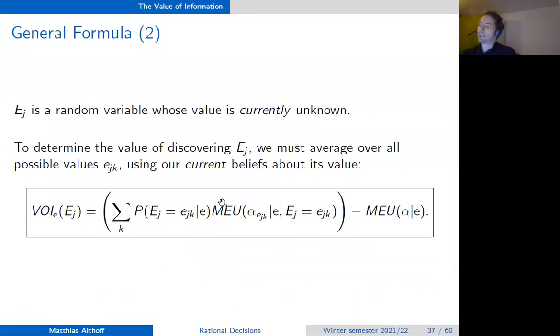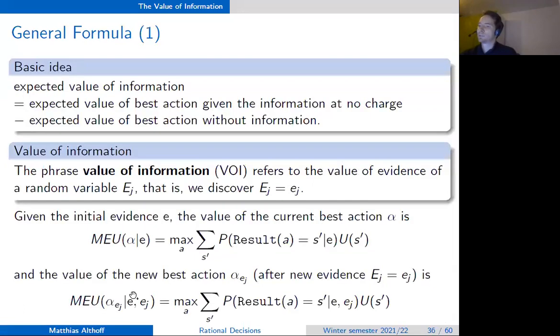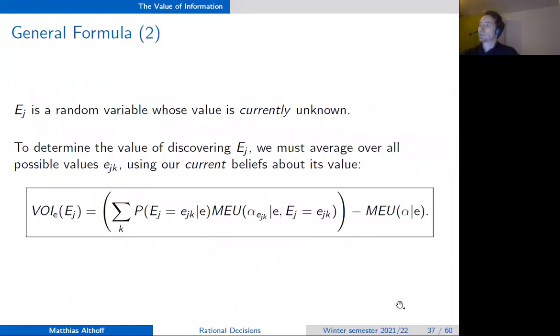So here we have this maximum expected utility from the previous slide. But of course, we have to consider that the evidence that will be revealed, so whether there is oil or there's no oil, is uncertain. So we have to go through all possibilities. In this case, with the oil drilling, there are just 2 possibilities.